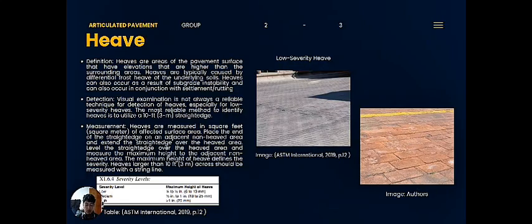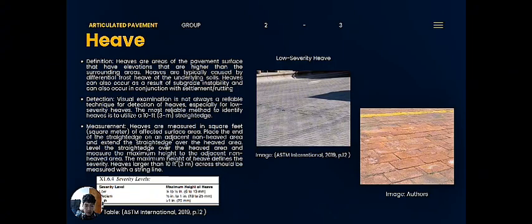You can see anyway the image from ASTM International. We can see the low severity heave, a photo my partners and I took when we took a picture of this failure in the suburbs in Bogota.